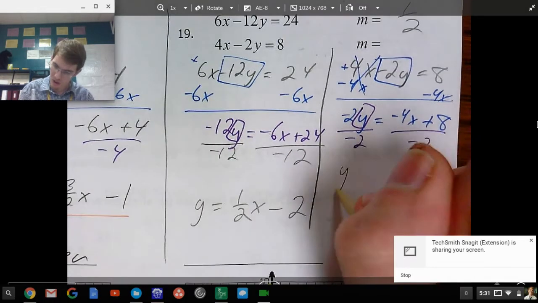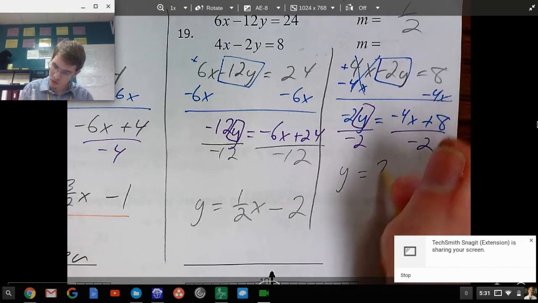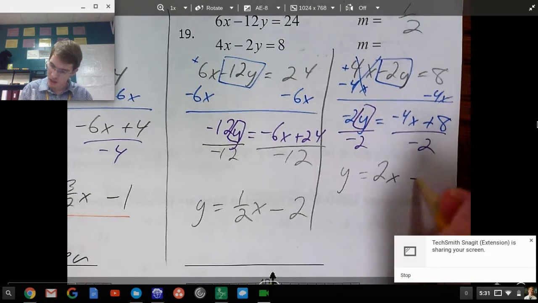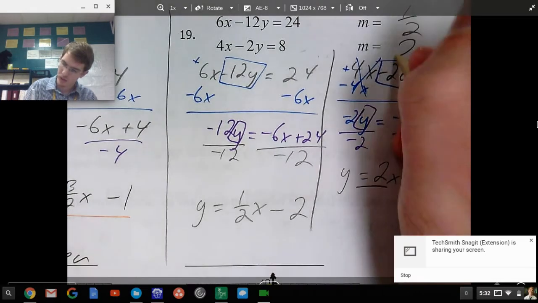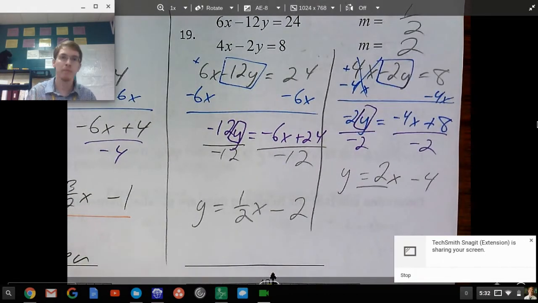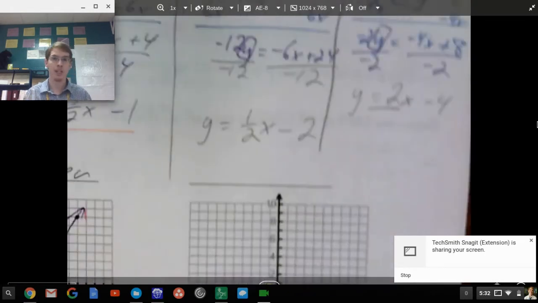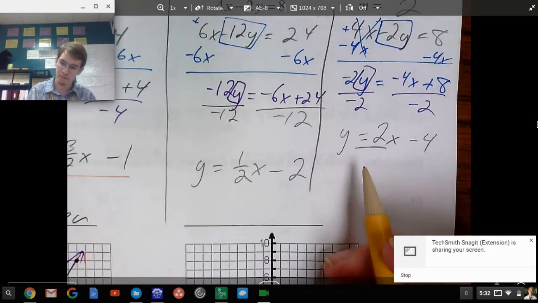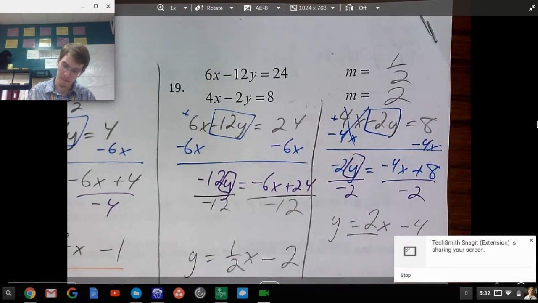So we get y equals positive 2x minus 4. So the slope of this one is 2. Now, parallel lines have the same slope, right? Are these two parallel? Their slopes are not the same, so it's not parallel.